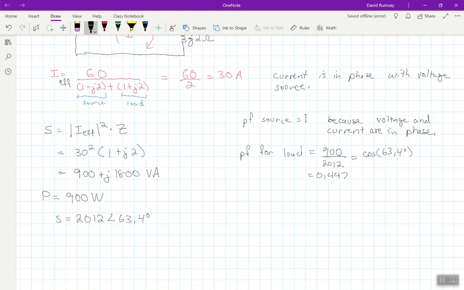Now, let's draw that triangle to see, again, why I could just do that cosine instead. So this is 63.4 degrees. Maybe not 100% accurate triangle here. Let me redraw this a little bit, make it a little bit more accurate.